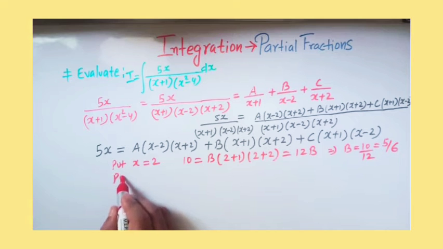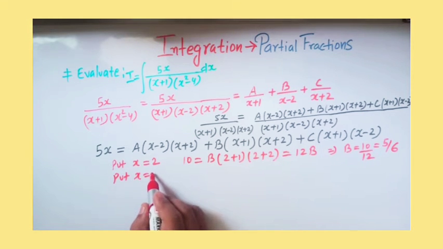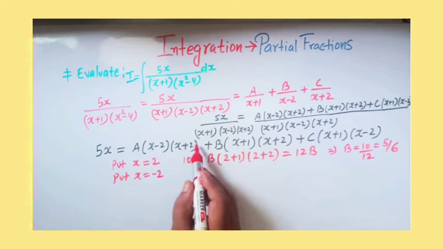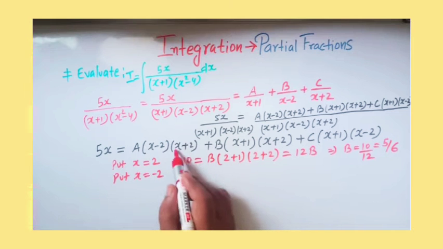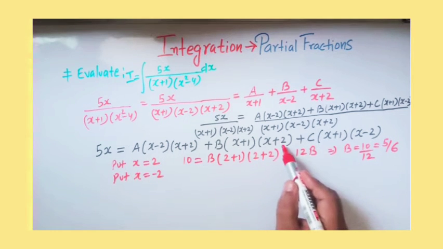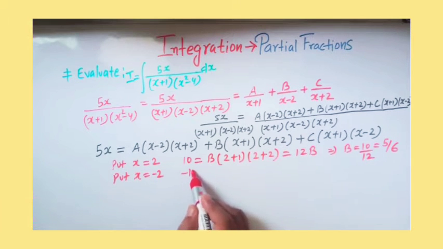Now if we put x equal to say minus 2, then this expression becomes 0 and this expression also becomes 0, so we have minus 10.